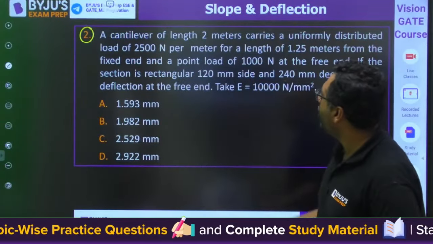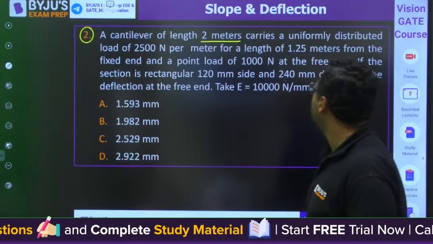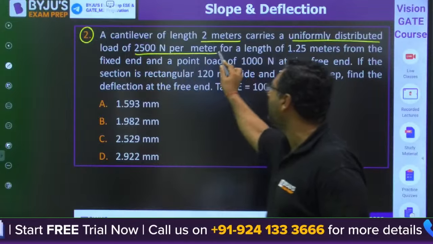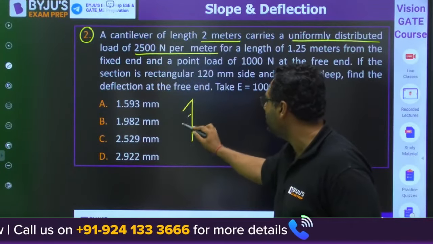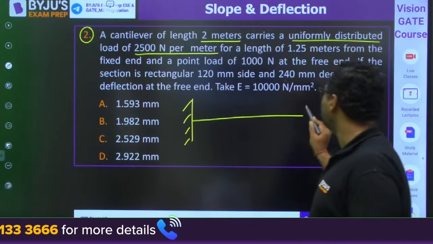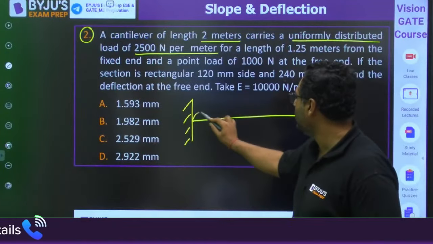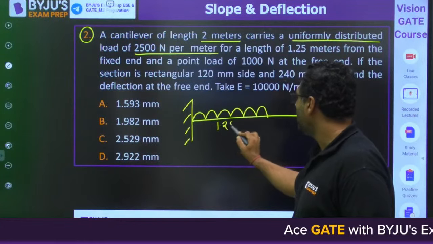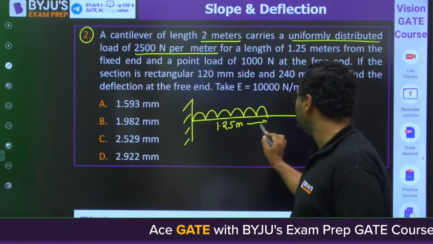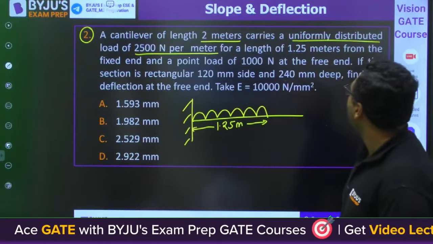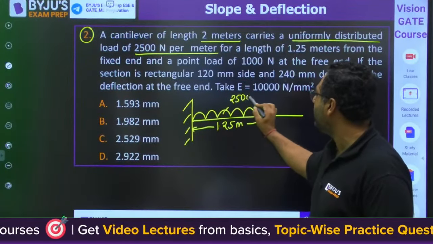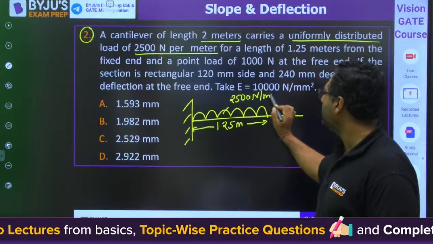A cantilever of length 2 meters carries a uniformly distributed load of 2500 Newton per meter. Okay, no issues. It is 2 meters, but it is having UDL only up to 1.25 meters. And what is the load intensity here? 2500 Newton per meter.